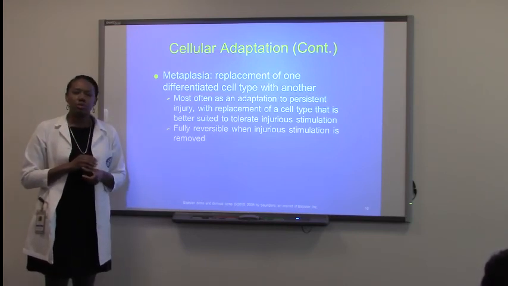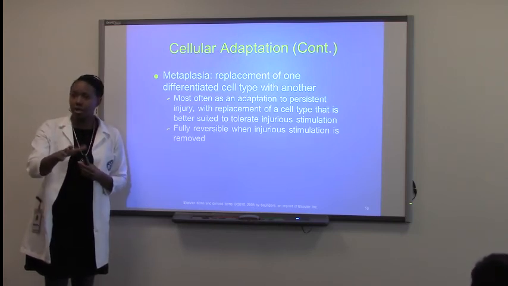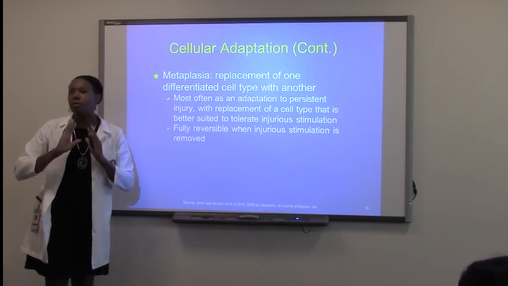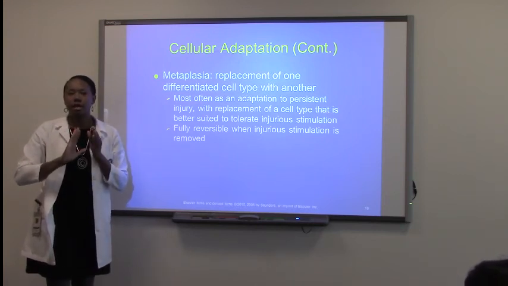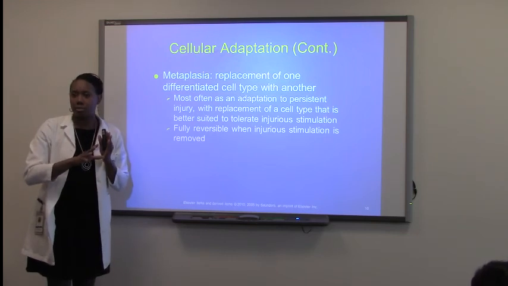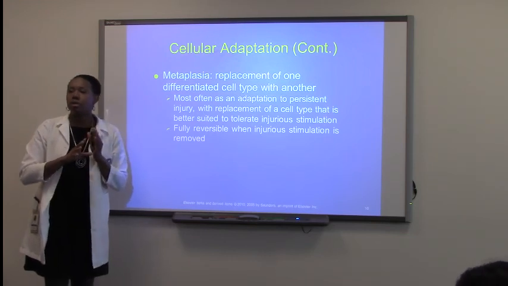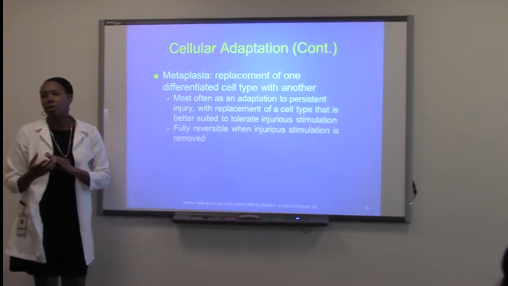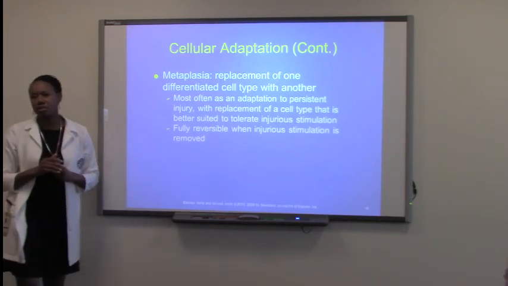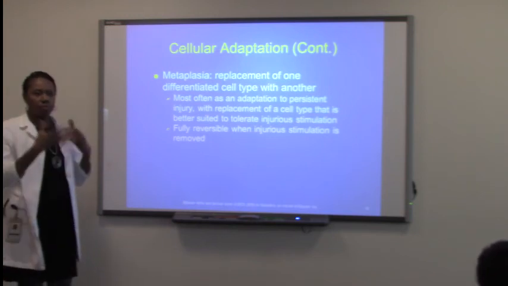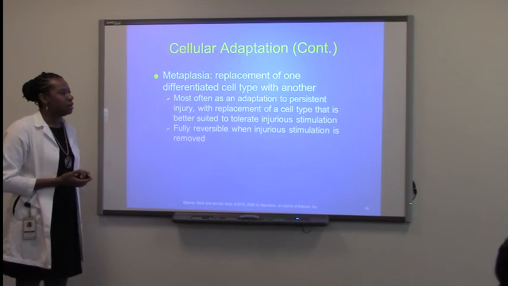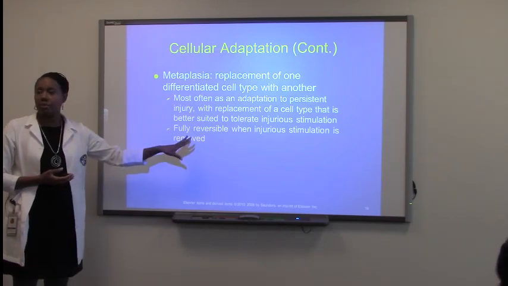The other thing is that once you stop smoking and your body is regenerating back to its normal epithelium, once the cilia comes back, it will start to remove all of that nasty debris that's there. So people actually have more of a cough when they stop smoking, but it lasts just for a little bit. It doesn't stay that way forever, until their respiratory tract really gets back to where it needs to be. Okay, so that is one good example of a metaplasia.